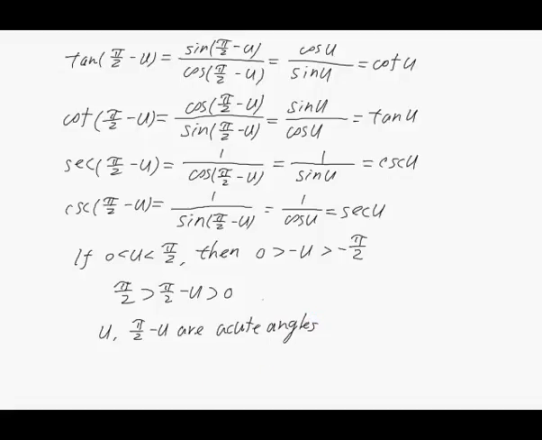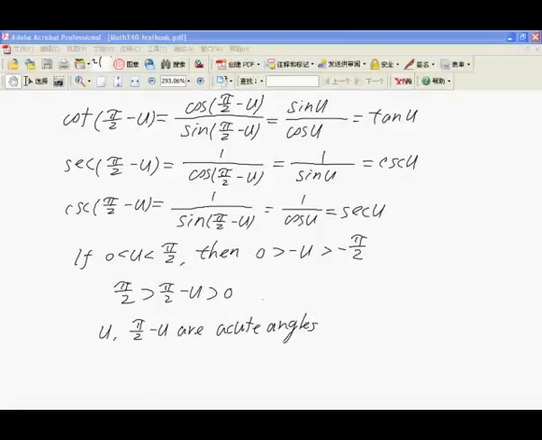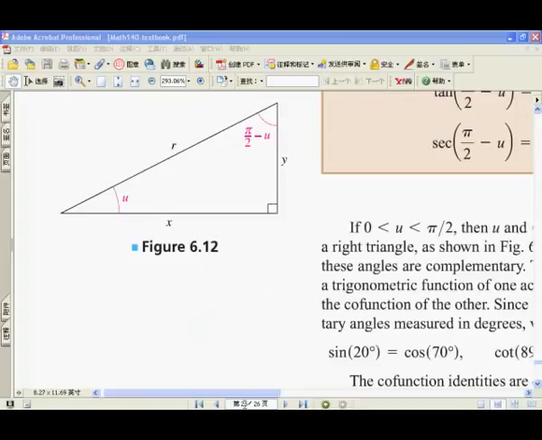And in this graph, they are the acute angles of a right triangle. So these two acute angles are the complementary angles, right? They are the complementary angles.